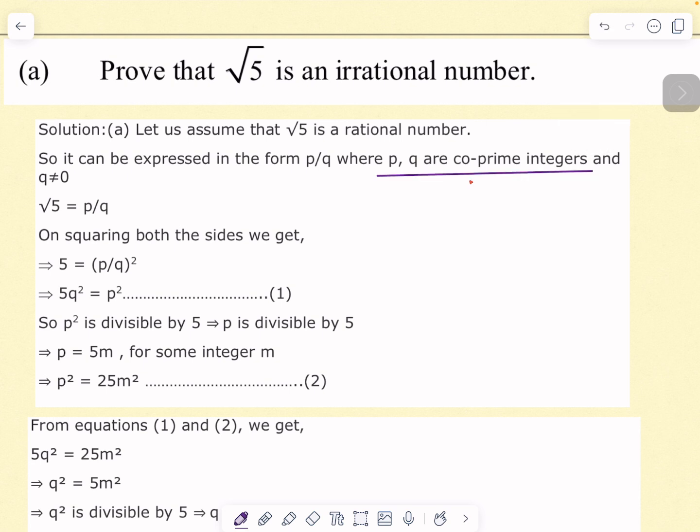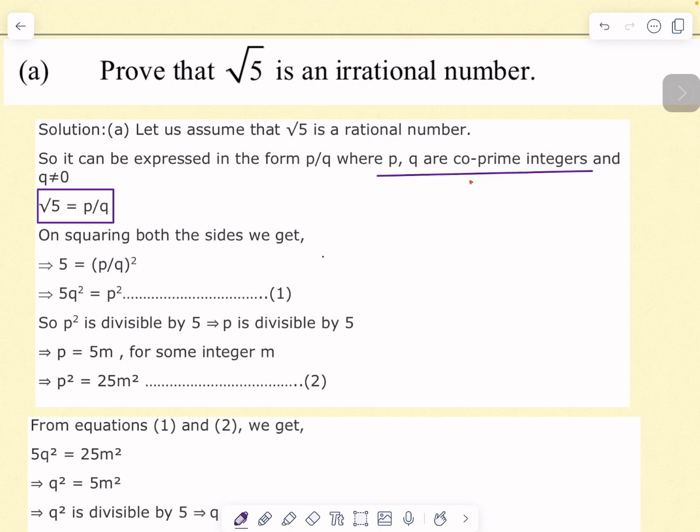Co-prime means they have only 1 as a common factor. The numbers which have only 1 as a factor, they don't have any common factors. Then root 5 we can write as a rational number which we can represent in the form of p by q, that is root 5 equal to p by q.